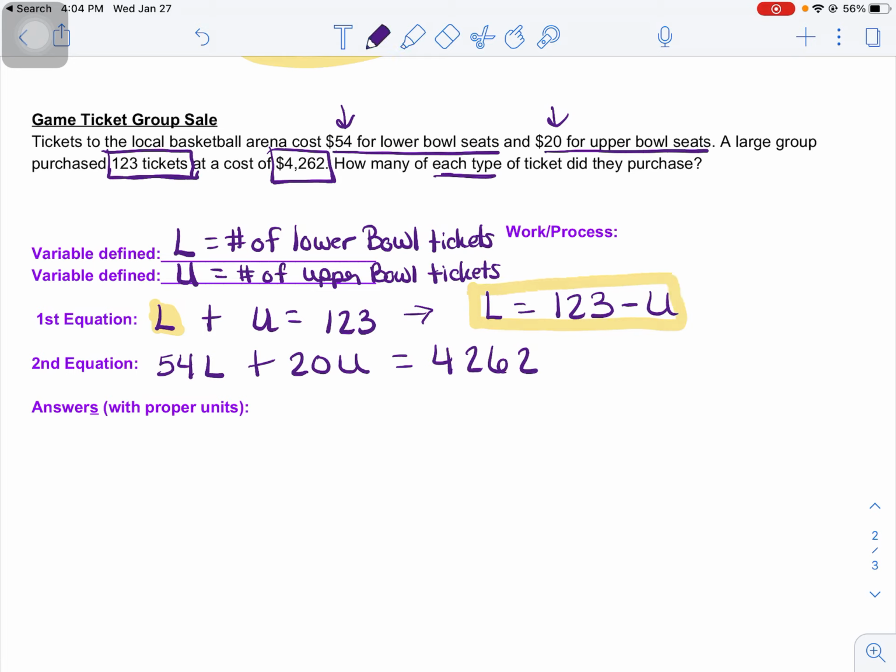So your equation would be 54 times (123 minus U), instead of L we're plugging in the 123 minus U, plus the 20U equals 4262. When you distribute and solve, you'll find how many they bought upper levels, and then you can plug back in to find lower levels, and you'll know how many of each type.